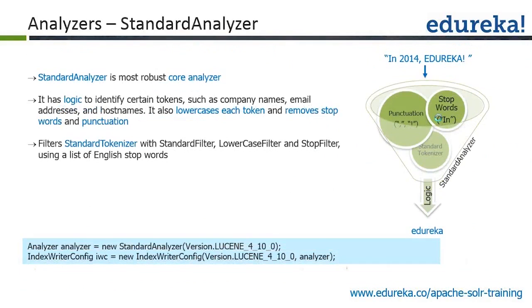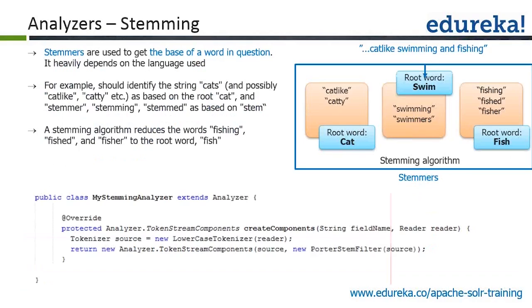If your application or use case has this kind of requirement, you have to use a stemming analyzer. The stemming analyzer also expands the token stream so that you can search with multiple terms even though that particular document contains a different form.